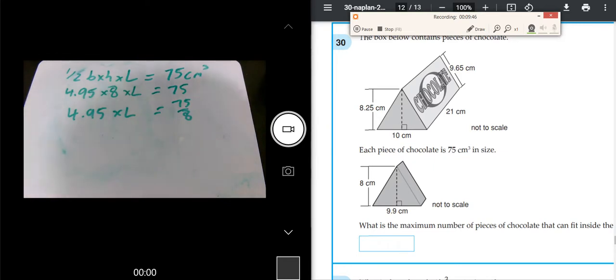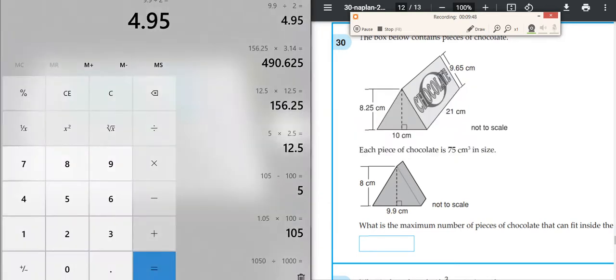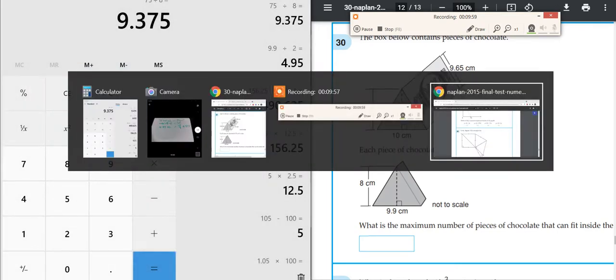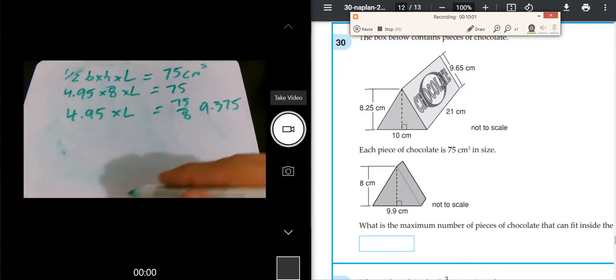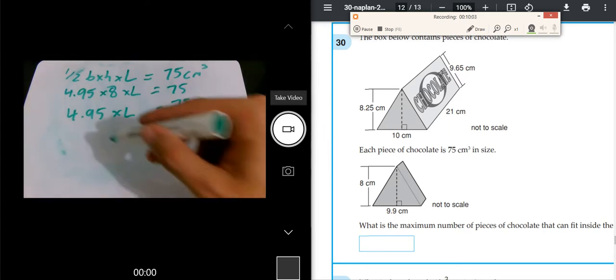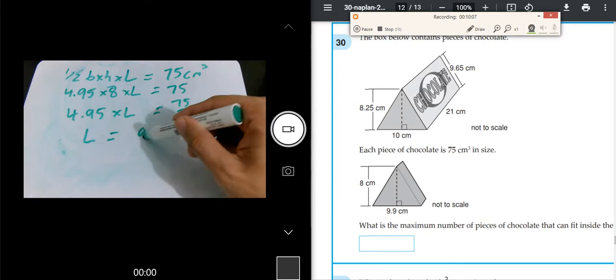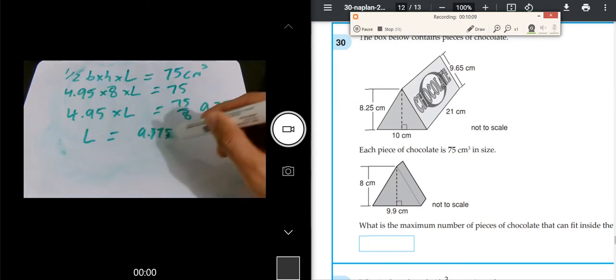which we'll use our trusty calculator to figure that out. 75 divided by 8, 9.375. Then we're going to do the same thing again, but divide by 4.95. So L equals 9.375 divided by 4.95.